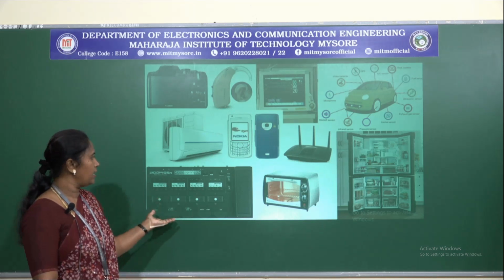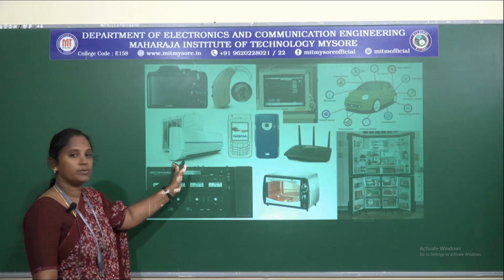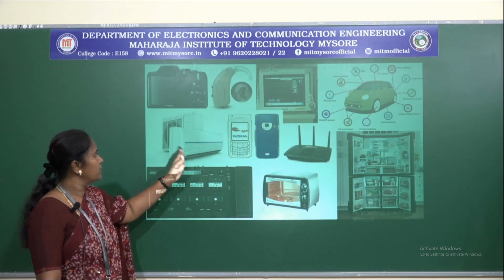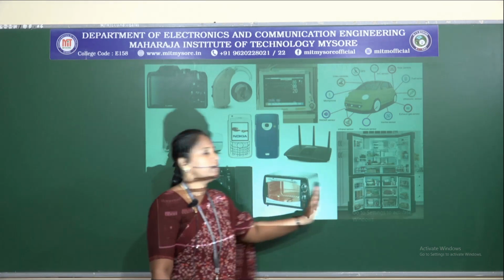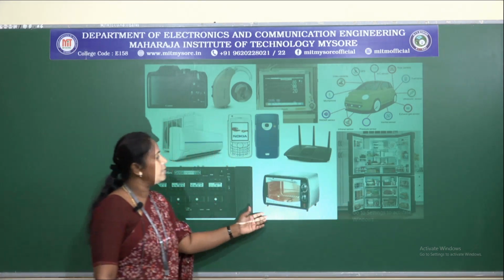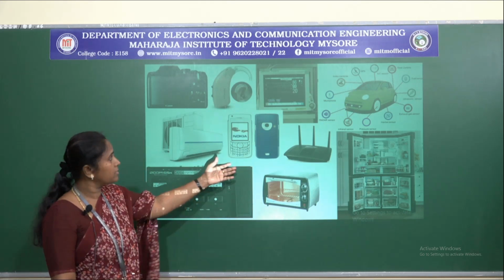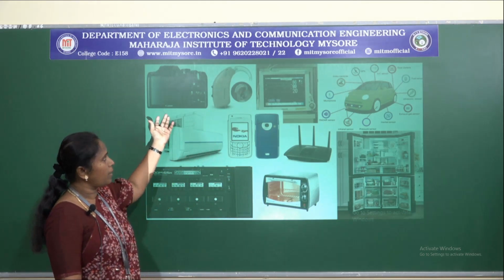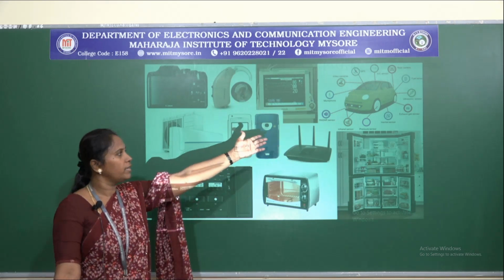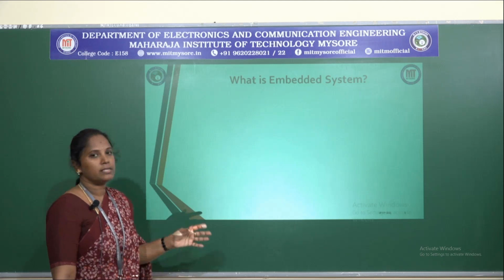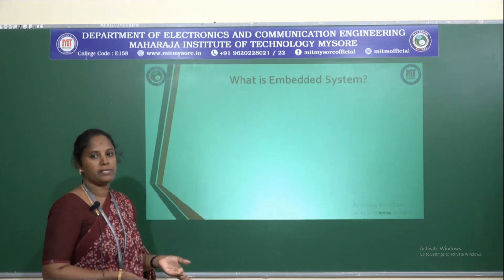Other than that, numerous applications are listed here: AC, refrigerator, oven, microwave oven, smart systems, smart camera, hearing aids, and automotive electronics. These are some of the application areas where we usually use embedded systems.